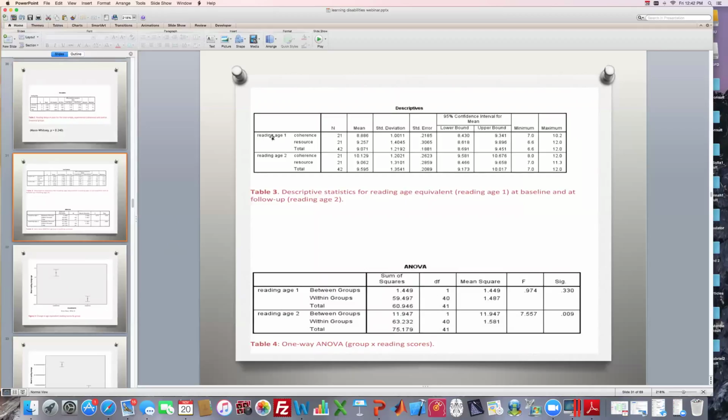Reading age 1 is the pre-score before the intervention. Reading age 2 is the post. If you do the math here, you can see the coherence group improved by about the 1.2 years we talked about. The resource room group didn't show any change. And that's revealed in the ANOVA, showing a significant difference at reading age 2 between the two groups.